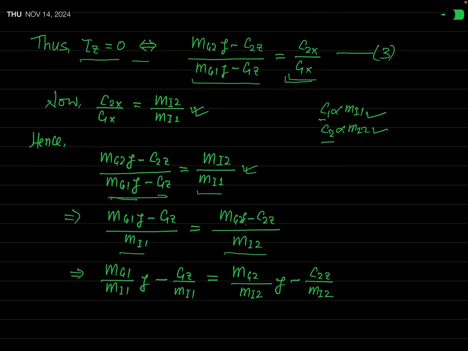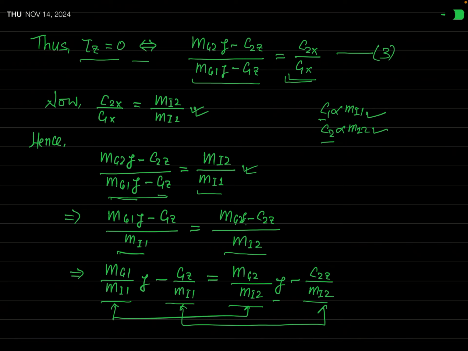So this will be mg1 by mi1 times small g minus c1z by mi1, and that is equal to mg2 by mi2 times small g minus c2z over mi2. Now these two terms are identical and these two terms are also identical.